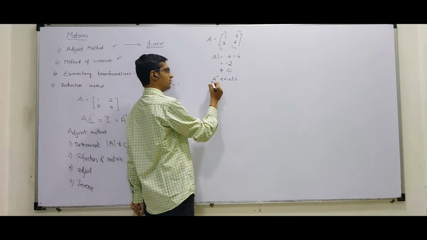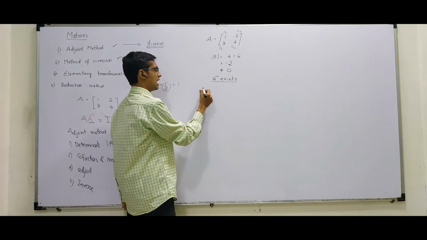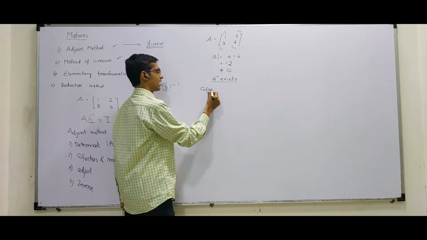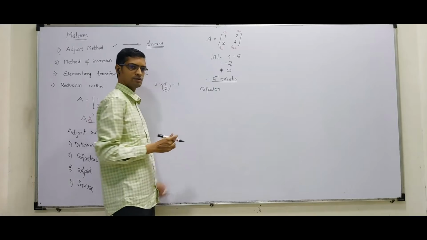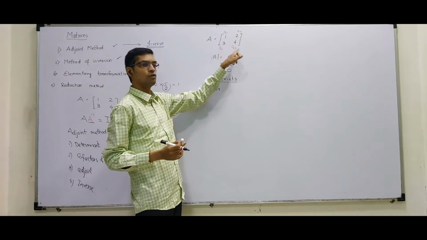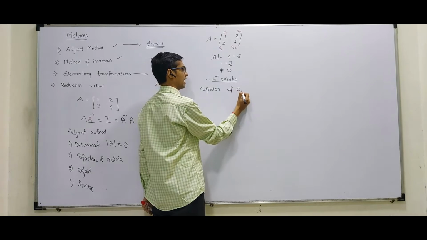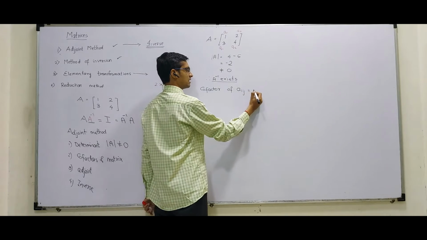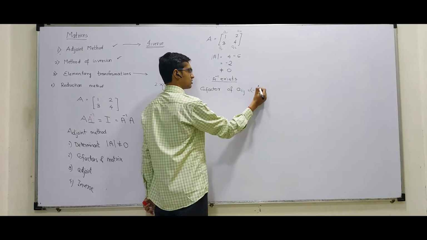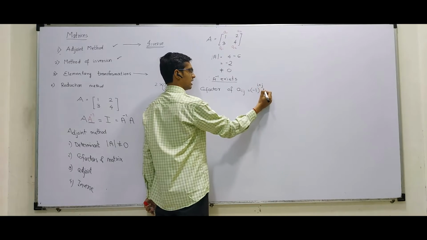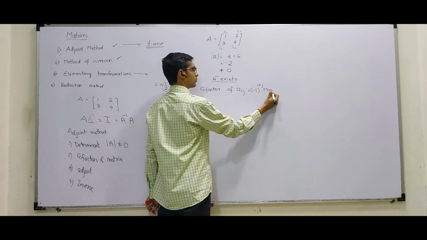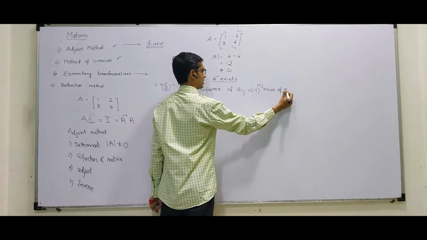Once I confirm that A inverse exists, I will find cofactors of all the elements. How many elements do I have? 4. So cofactor of Aij is nothing but -1 raised to i plus j into minor of Aij.